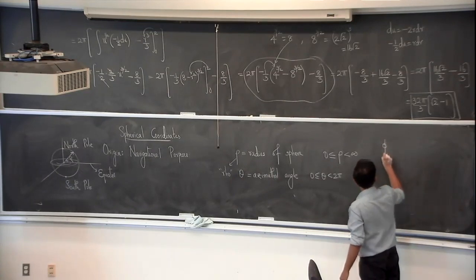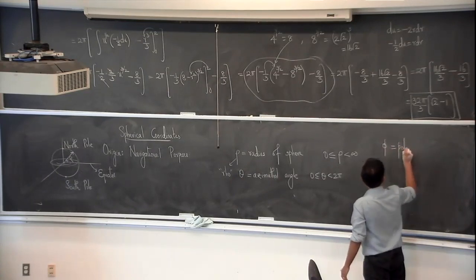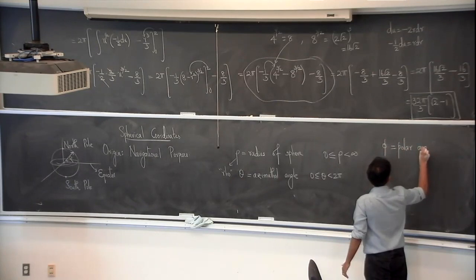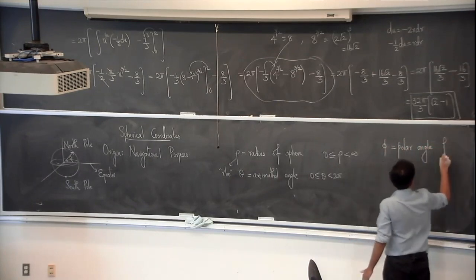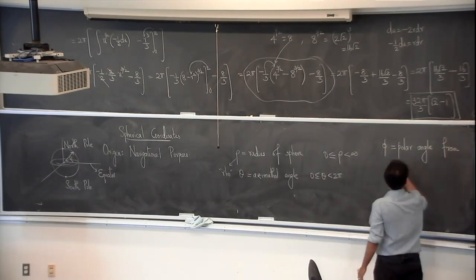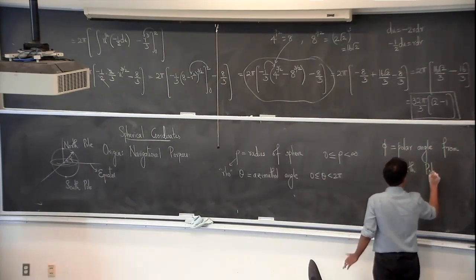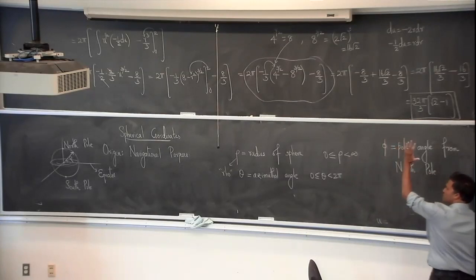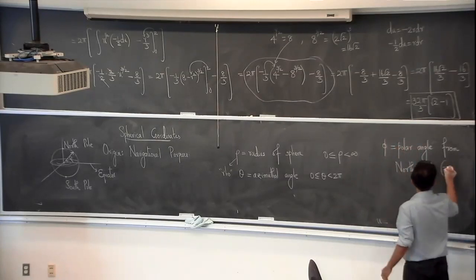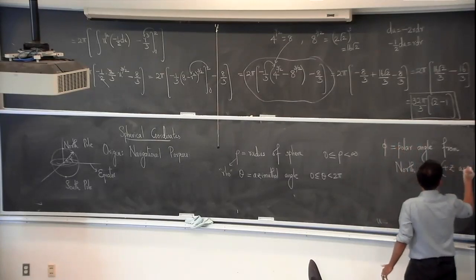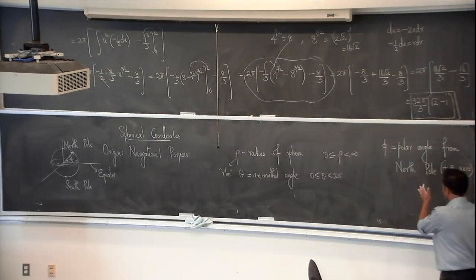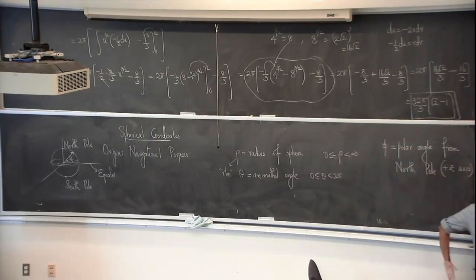Okay. So phi is the polar angle that starts from the North Pole. The North Pole is actually in the positive z-axis. The reason why this is weird is because this is being traveled clockwise.